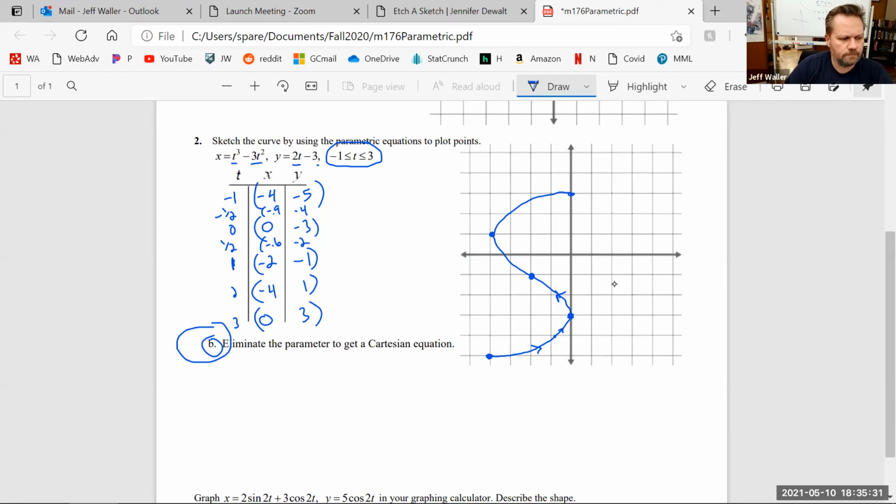Solve for t. Yeah, I can solve for t in y. So I get t as (y plus 3) over 2. And then I can plug that into x.